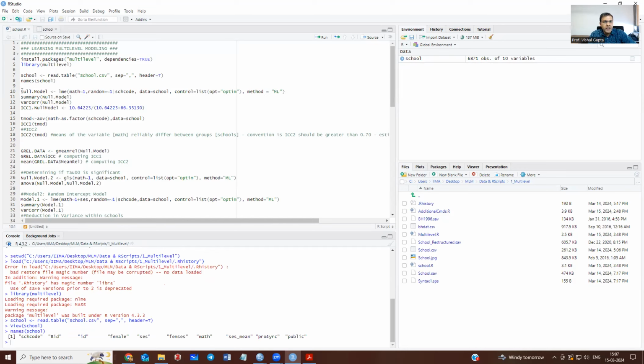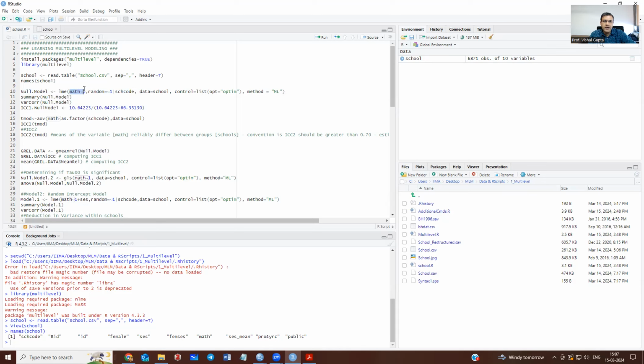Now, if you remember, yesterday we were saying null dot model, which is the first step, right? Step number one is we say null model, and what is the command? LME, the fixed effects, comma the random effects.